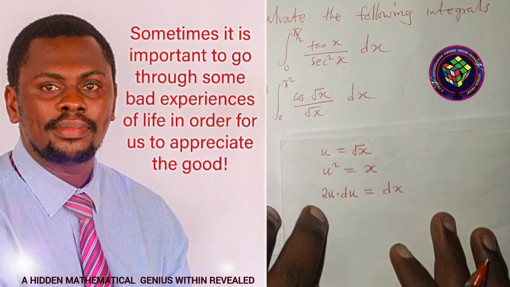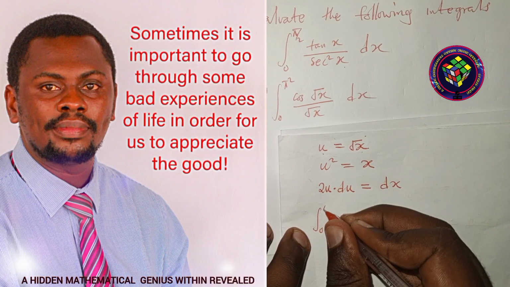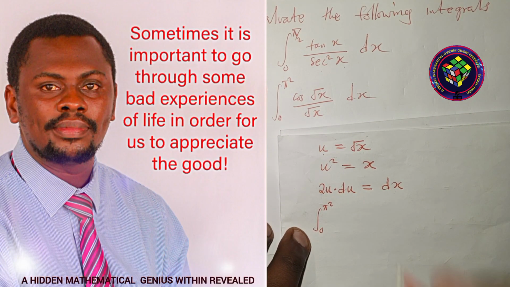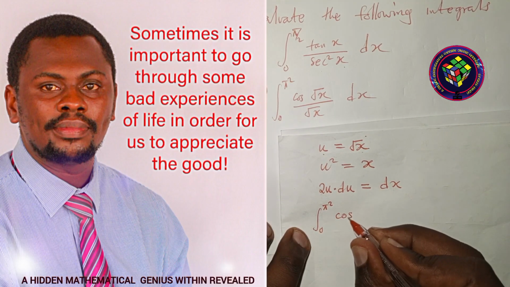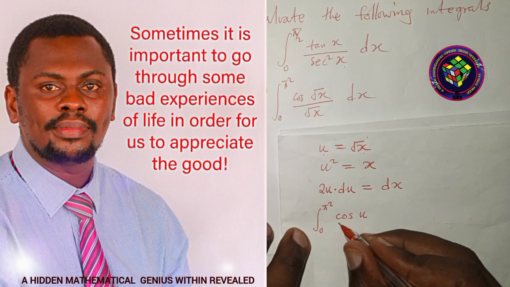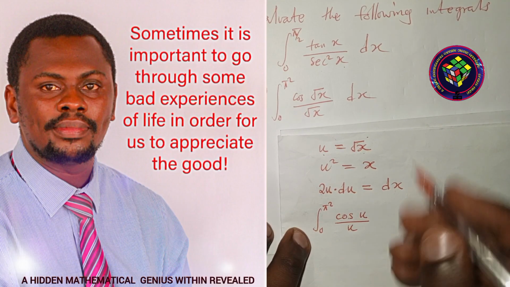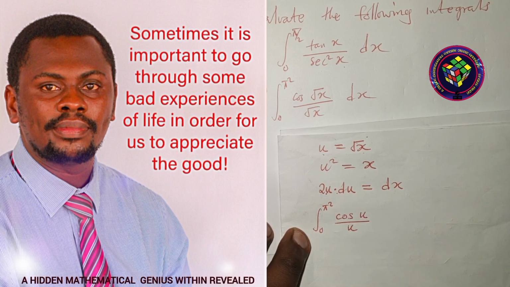So we have the integral from 0 to pi squared. Then we are going to have cos of u over u, because the square root of x is u. Where there is dx is 2u multiplied by du.